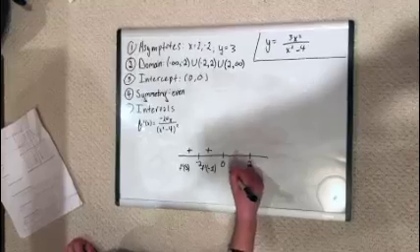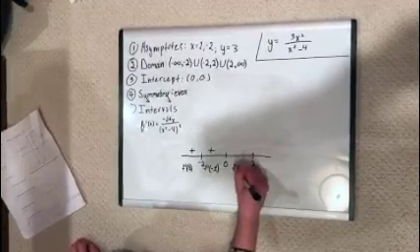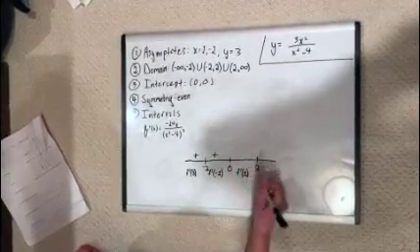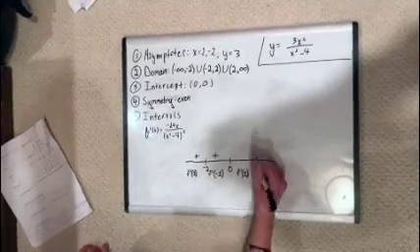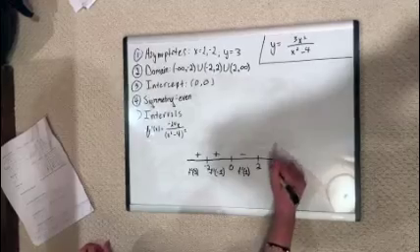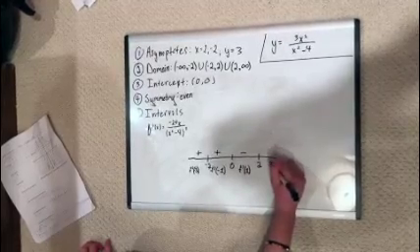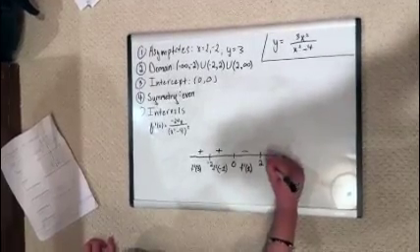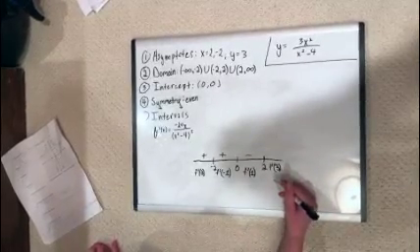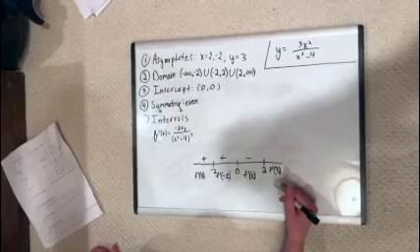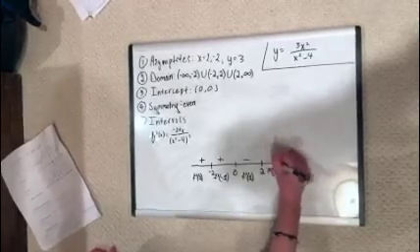And then we're going to plug 1 into our derivative, which is negative on the top and ends up being positive on the bottom, which is an overall negative. And then we're going to plug, finally, 3 into our derivative, which is, once again, negative on the top and then positive on the bottom, so overall a negative.